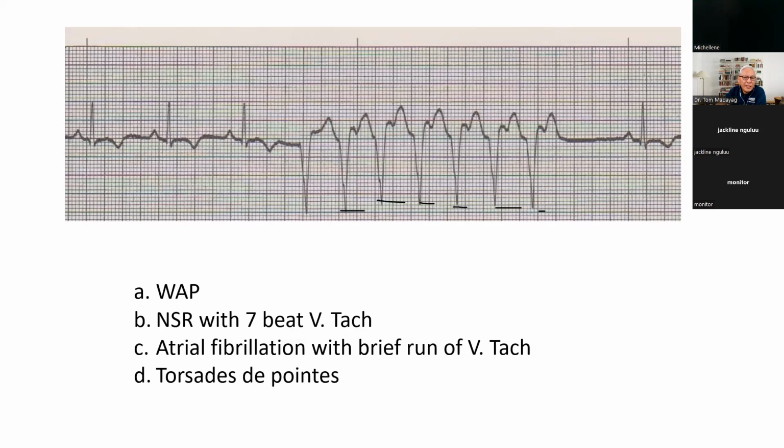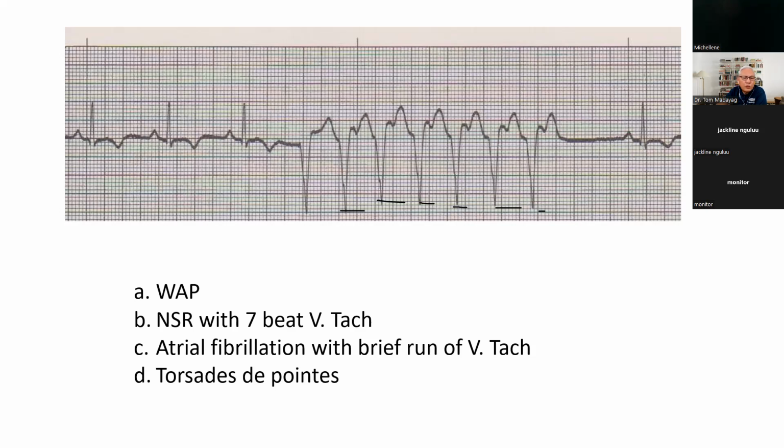And we said that anytime we have a wide QRS complex, this is a manifestation that it is going to be a beat that originated from the ventricles. And that is the reason why we would call this a ventricular tachycardia. So what do we do with ventricular tachycardia?